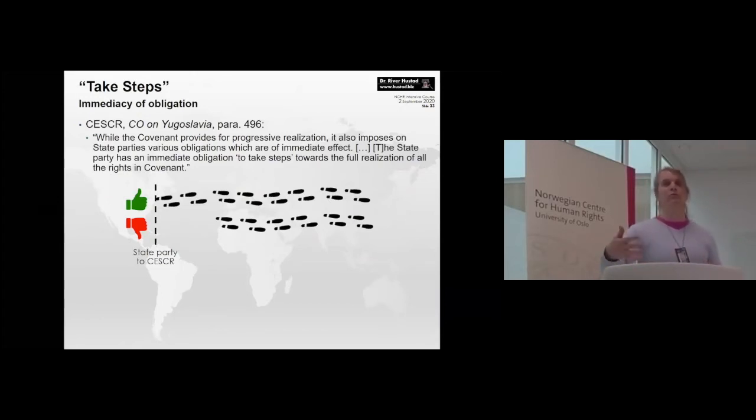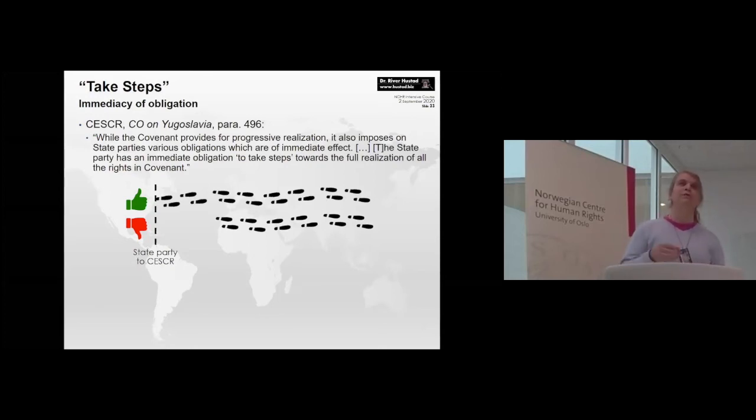We'll get to fulfilling economic, social, cultural rights at some point. We're going to start thinking about it, and eventually we'll get there. But the committee has been very specific that the obligation begins from day one. So steps must be taken from day one. It doesn't mean that a result has to occur from day one, but the steps have to begin from day one.